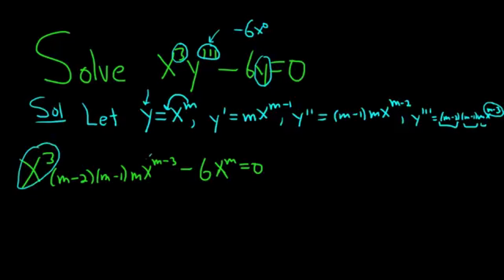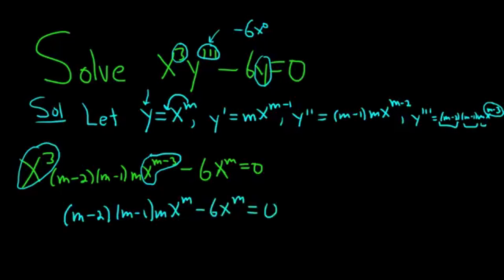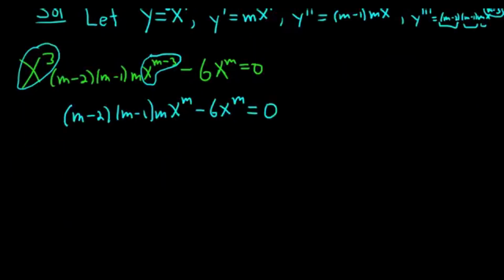So we have x cubed and x to the m minus 3. When you multiply those, you add the exponents. So m minus 3 plus 3 is m. So we have m minus 2, m minus 1, m, x to the m, minus 6, x to the m equals 0. At this point, we can factor out an x to the m.